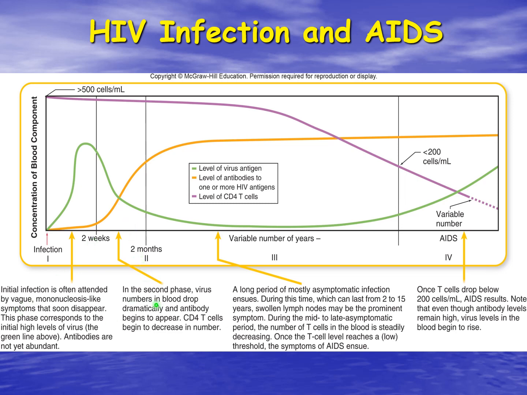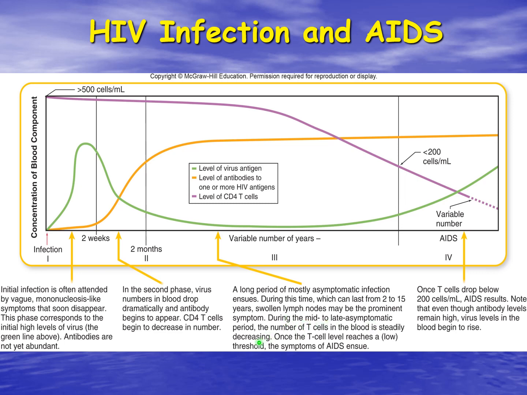And so what we'll start to see is somewhere in this area, the CD4 T helper cells begin to decrease in number. As we go along in the variability, mostly the individual is going to be asymptomatic. And this can last anywhere from 2 to 15 years, sometimes as long as 30 years.